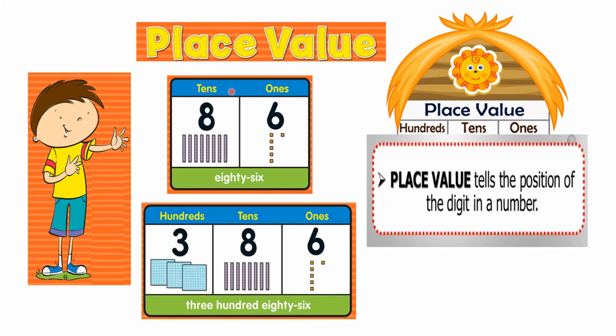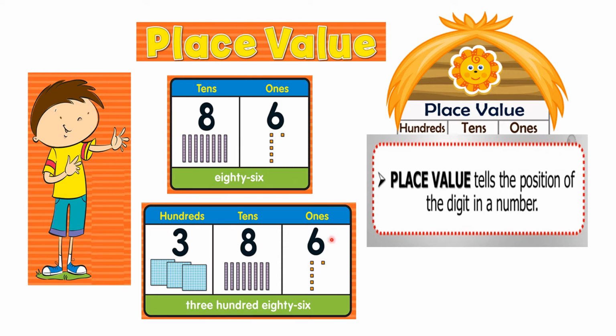Similarly, we take one more number, a 3-digit number, 386. The digit 3 is in the hundreds place, 8 is in the tens place, and 6 is in the ones place. The place value of 8 is 8 tens, which equals 80, 3 is 300, and the place value of 6 is 6 ones, which equals 6.